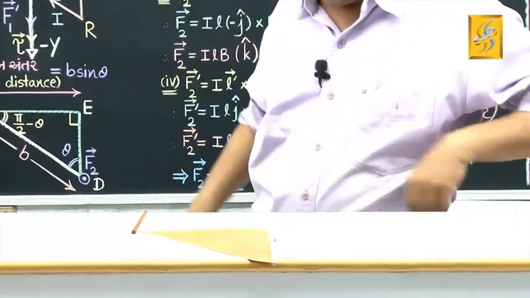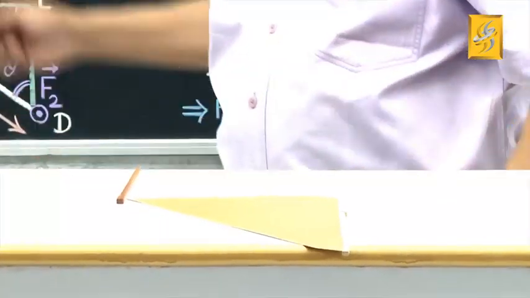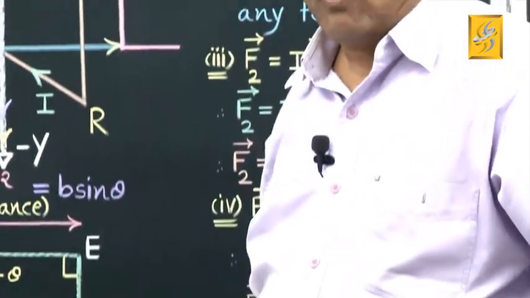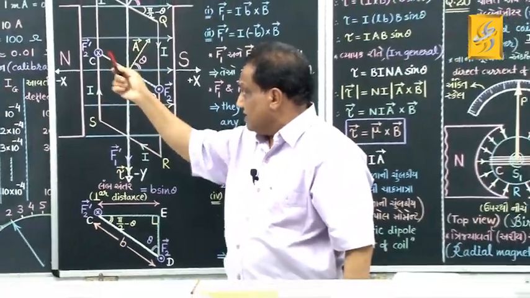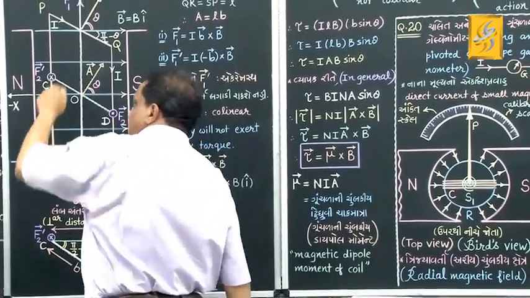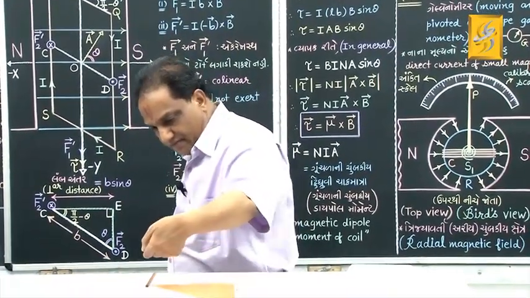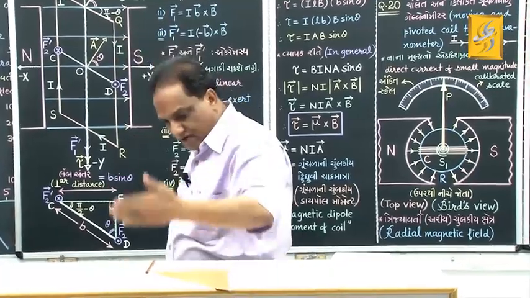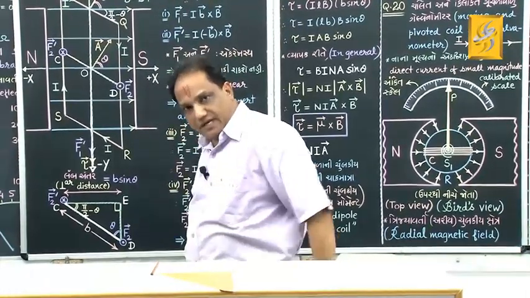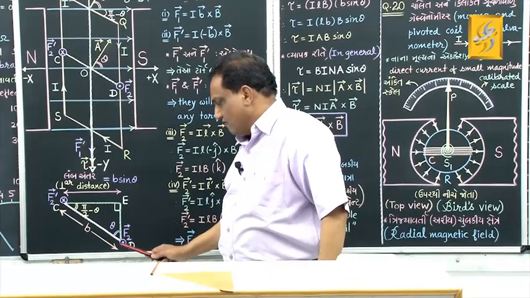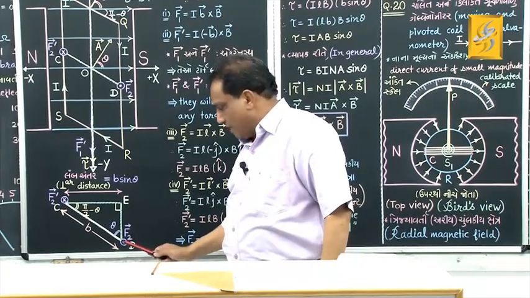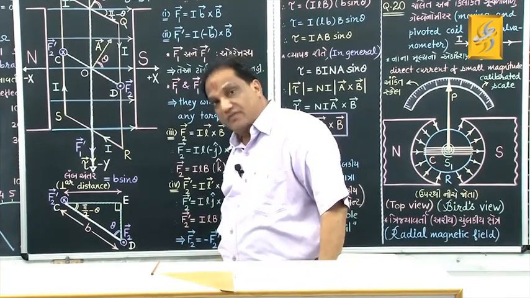Correct? Now tell me. At point C, what is the direction of vector F2 dash? Going inside. So at point C, direction of vector F2 dash is going inside. Inside the plane of the figure perpendicularly. Correct? At point D, where is direction of vector F2? Perpendicularly out of the plane of the figure.